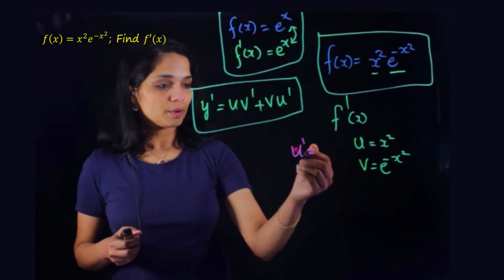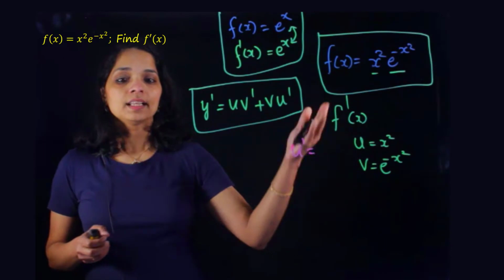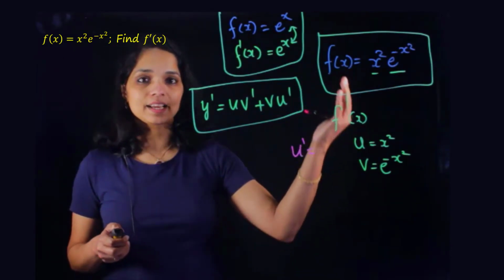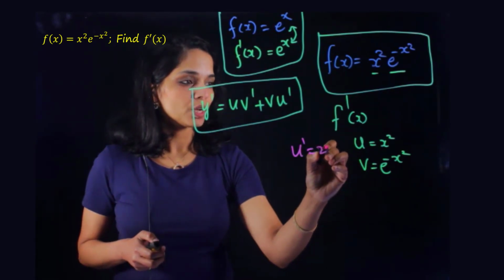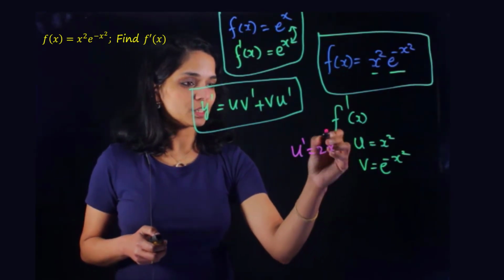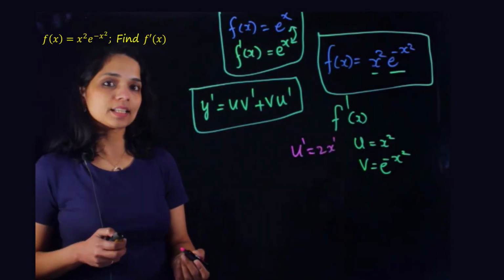The power rule says if the function is x^n, the derivative is nx^(n−1). In this case, n is 2 and x^(n−1) is x, so it's 2x. That's the derivative of u.